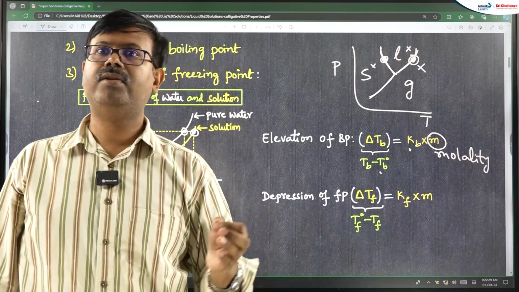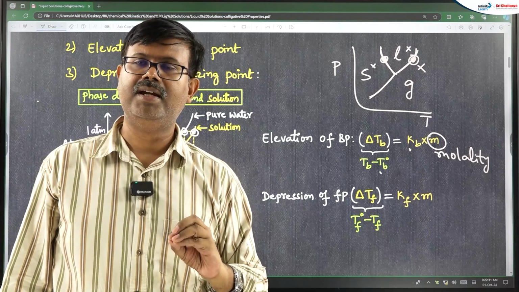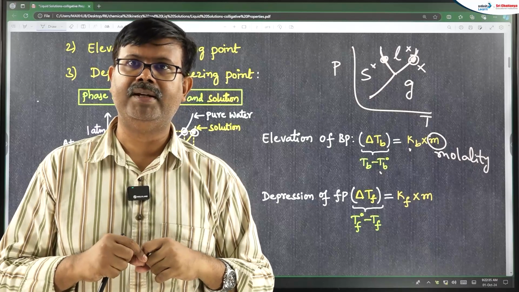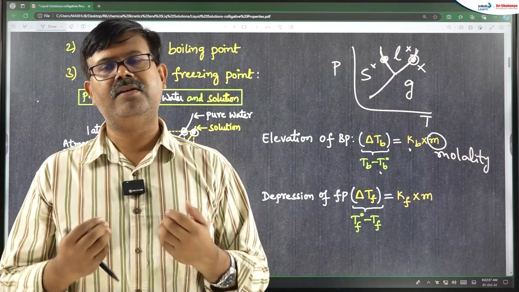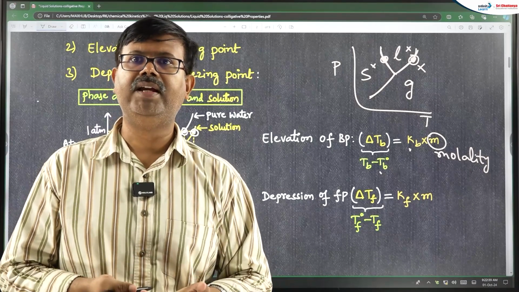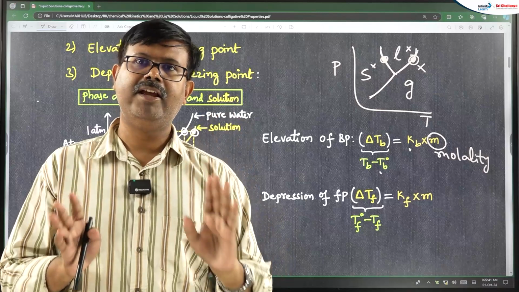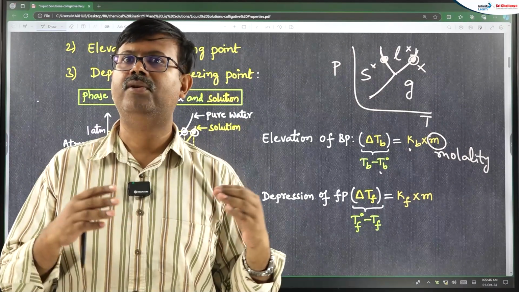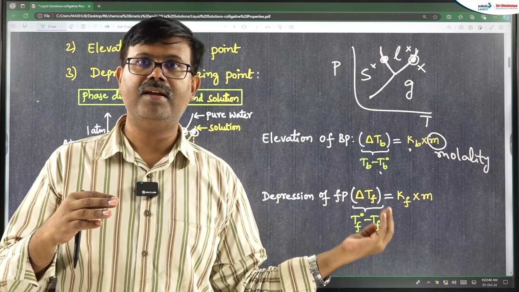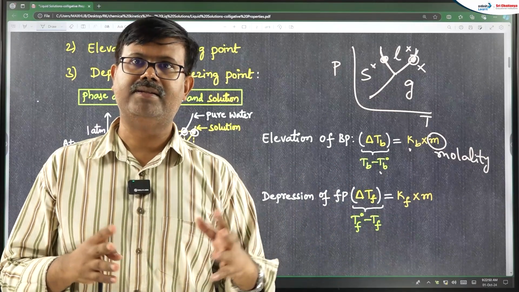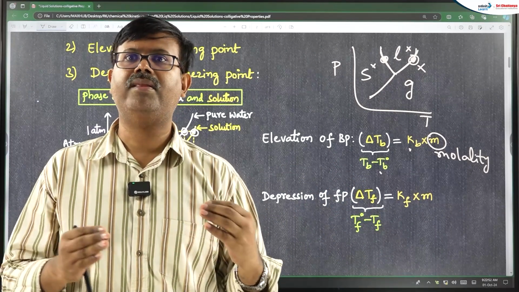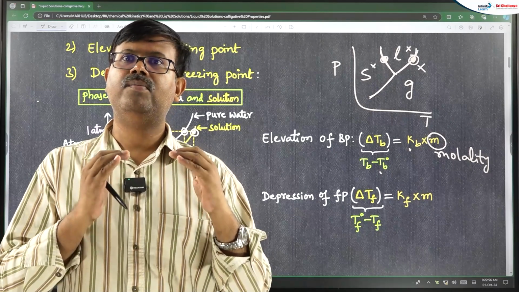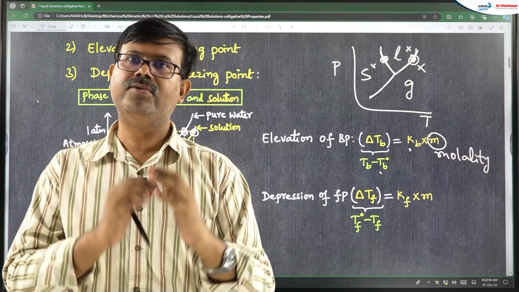So molality into Kb will give us how much the elevation is. No matter which solute you have added to the solvent, if molality is the same, then Kb into m will be the same. So can I say it is also a colligative property? Yes, because it does not depend on the nature of the solute. It depends only on the molality, meaning the quantity of the solute.